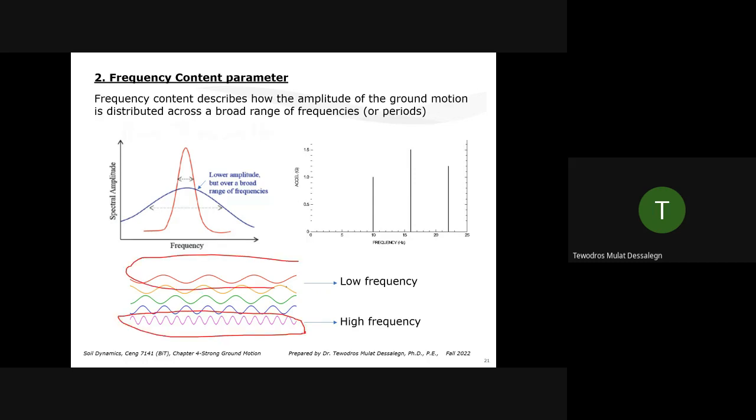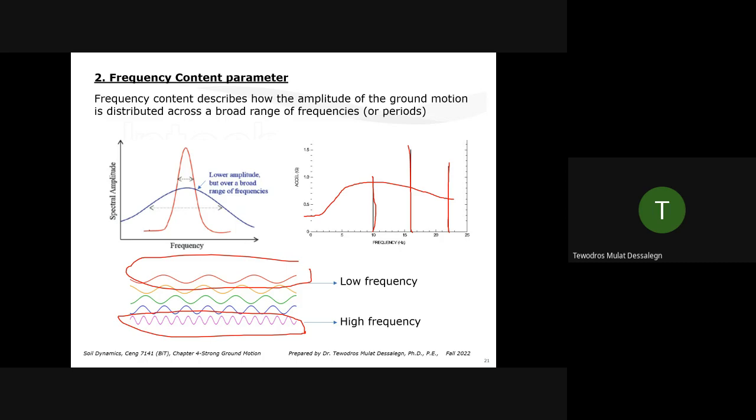Or we're not interested in a single frequency, let's say 10 hertz, or around here 16 hertz, or 25 hertz. If an earthquake comes with a single frequency, it's not that damaging. But if it contains a wide variety of frequencies, you see this spectral amplitude with frequency plot. We'll see how to get this plot from a time history plot, but see the frequency content.